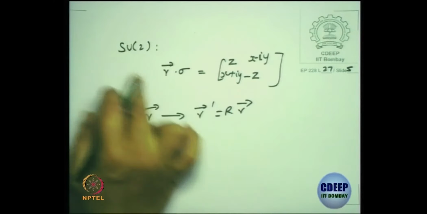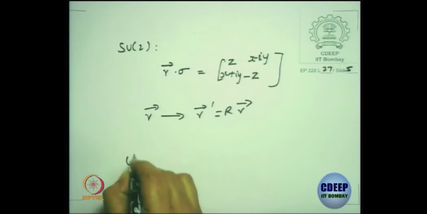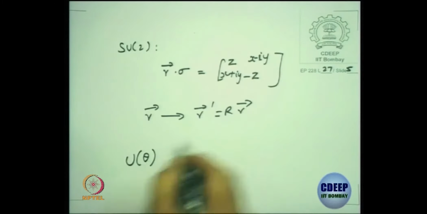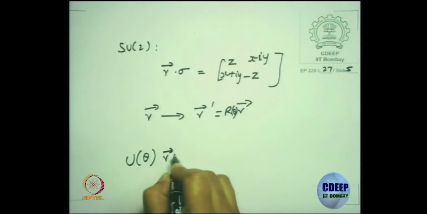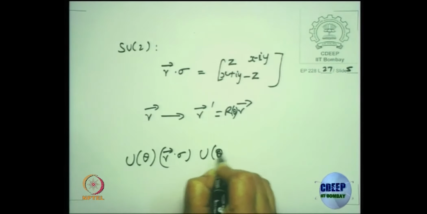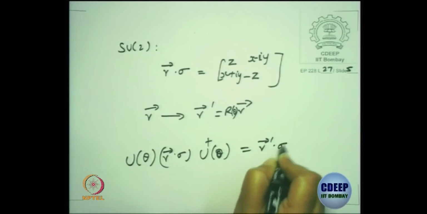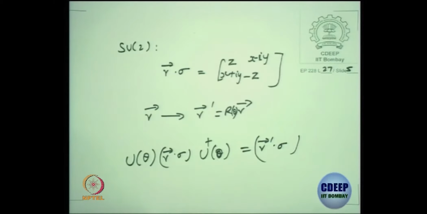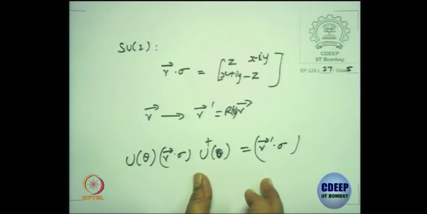What this does for the SU2 is that if you take U of theta, this is R of theta, r dot sigma, U of theta, U dagger, that will give you r prime dot sigma. So, the analog of this equation in SO3 will be this, even in physical space.